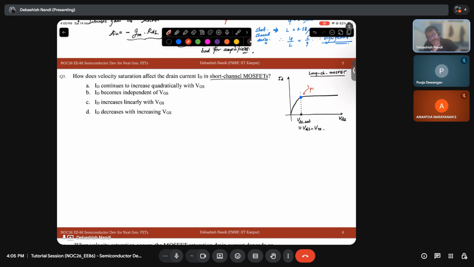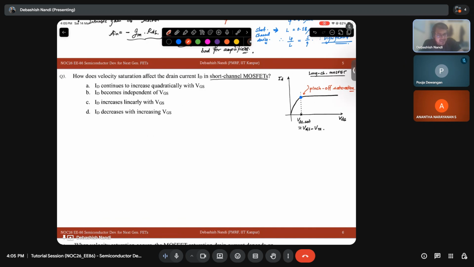So current will become independent of VDS. Why? Have you heard of this pinch-off saturation? Yes, sir. When VDS sat becomes equal to VGS minus VTH, the overdrive, that means at that moment the channel is triangular, and the pinch-off point is just at the drain.